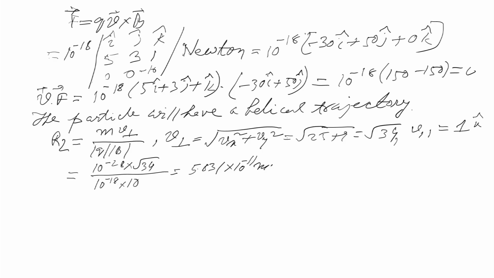Okay. So, next is the cyclotron frequency. Cyclotron frequency omega c, in radian per second, is equal to Q B by m.